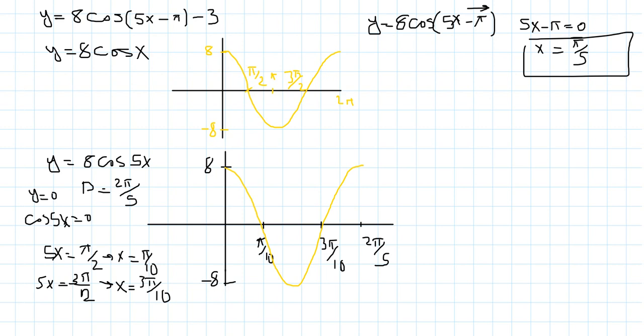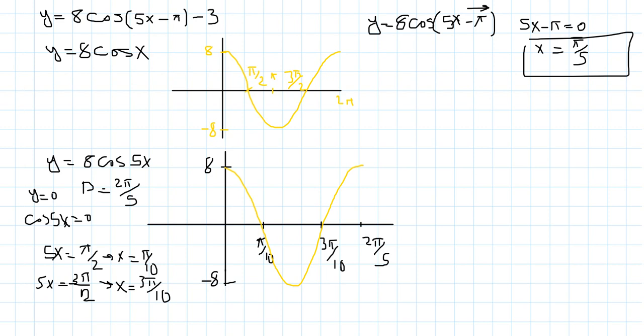And this is my start point. It means if I had 0 before, it is pi over 5 now. If I had pi over 10, it means plus pi over 5. And if I had 3 pi over 10, it is 3 pi over 10 plus pi over 5.